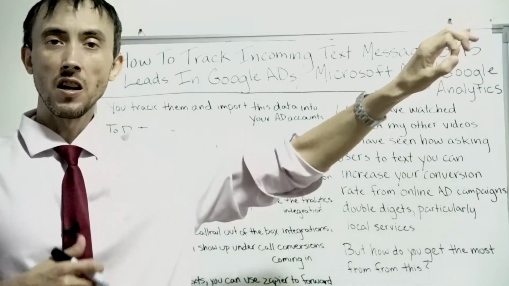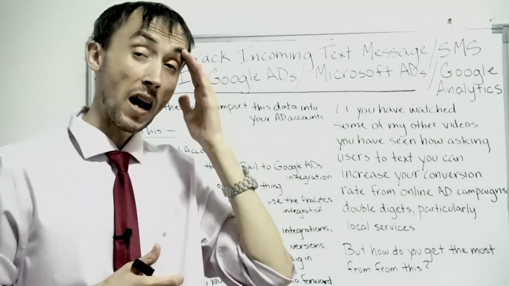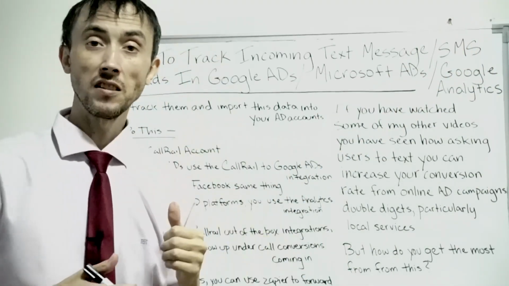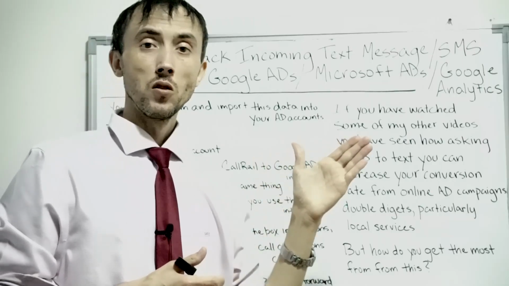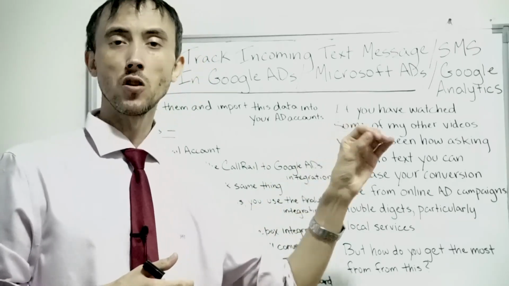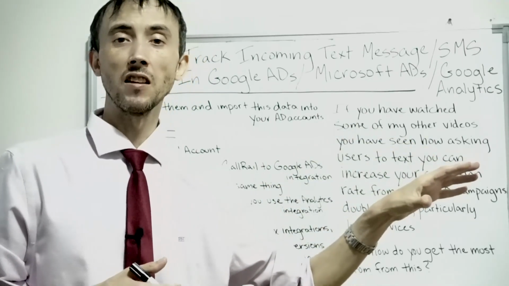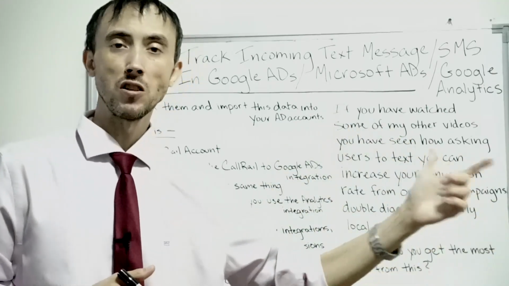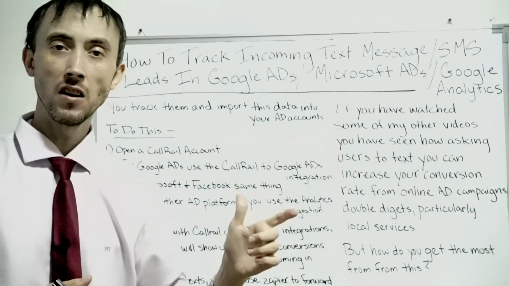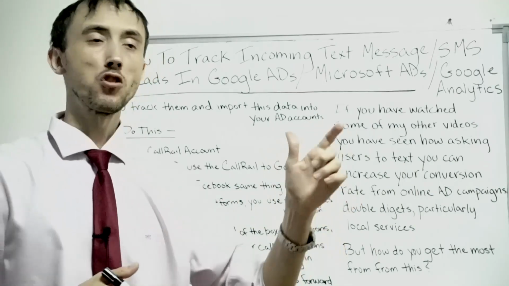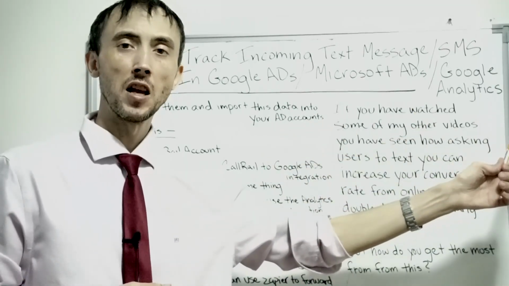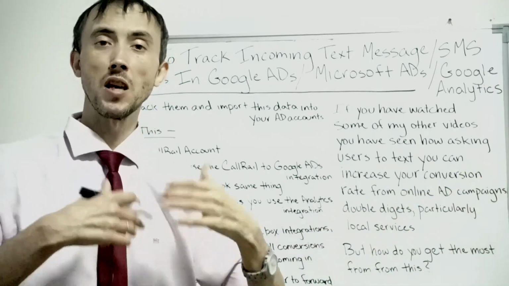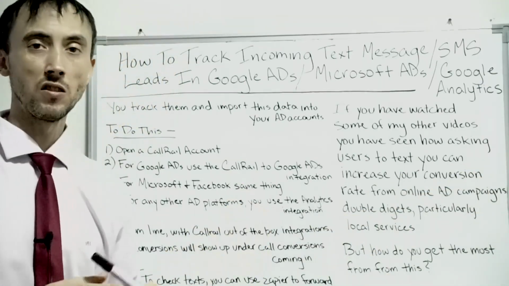So on LinkedIn, to track the phone calls and texting there, you're going to have your Google Analytics set up, and your Callrail to Google Analytics integration set up, so that if you get a phone call on your site or a text, it's going to show up under the phone goal that you have set up in Google Analytics. So it'll show up under the same goal, just like with the other integrations.